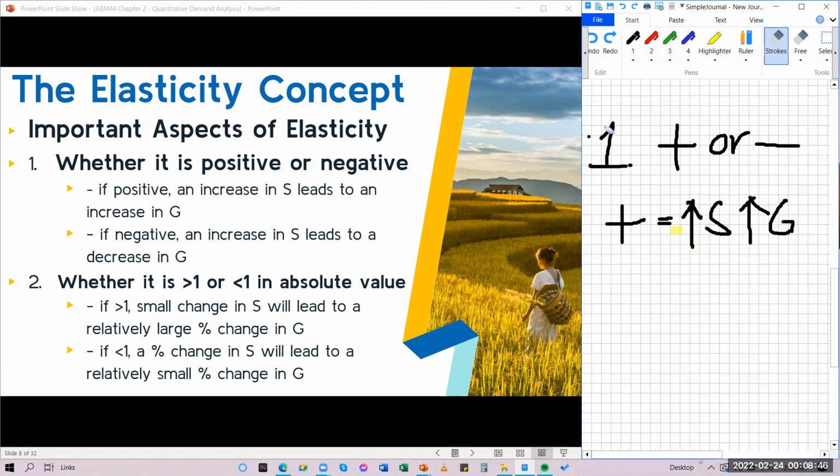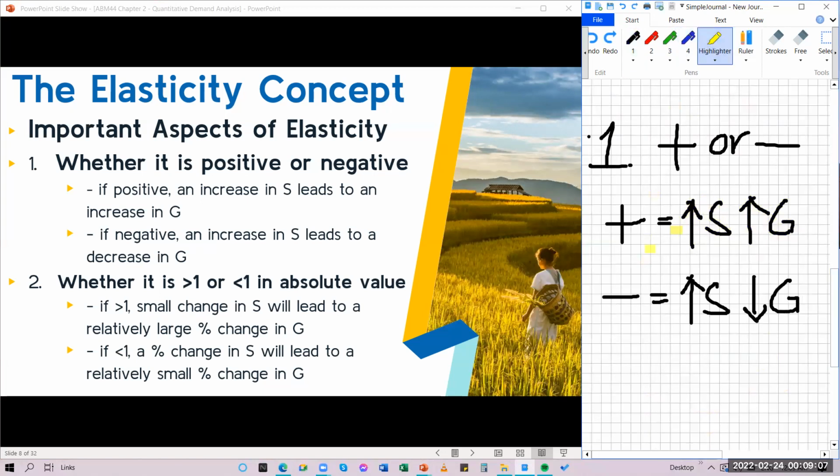So how about if it is negative? If negative, there is an increase in your studying, and it would lead to a decrease in your grades. It is the reverse: if you keep studying, your grade decreases.